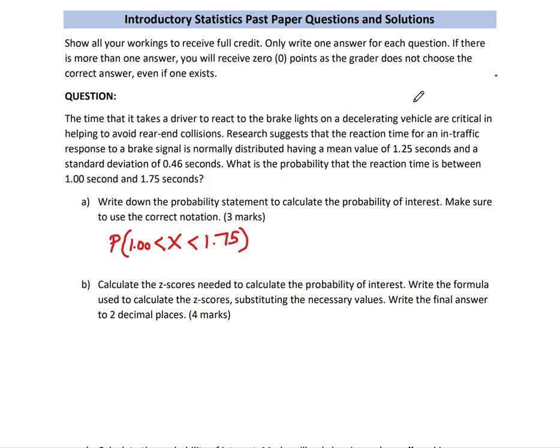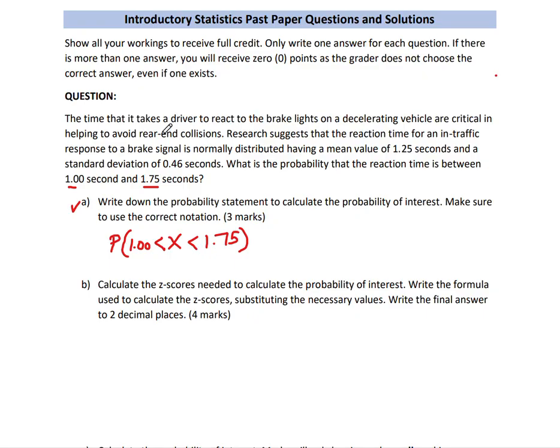This is read as the probability that x is greater than 1 but less than 1.75, and this is generally how you would write the probability P that a value falls in between two numbers. The two numbers here are 1 second, the lower limit, and 1.75 seconds, the upper limit. So we compute the probability that x is greater than 1 but less than 1.75. That's what we're interested in calculating, and so that is the probability statement that satisfies number 1.